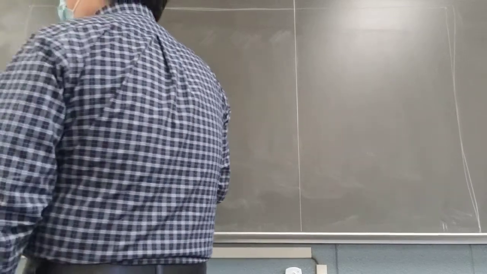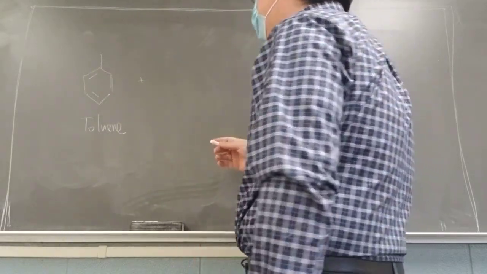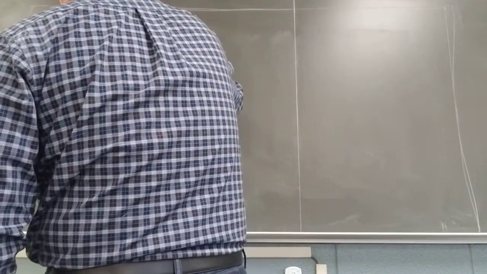So the first one was the halogenation. So we have a toluene. When we try fluorination, we use fluorine, which is quite reactive. So we actually found a good way to make it happen using this one.